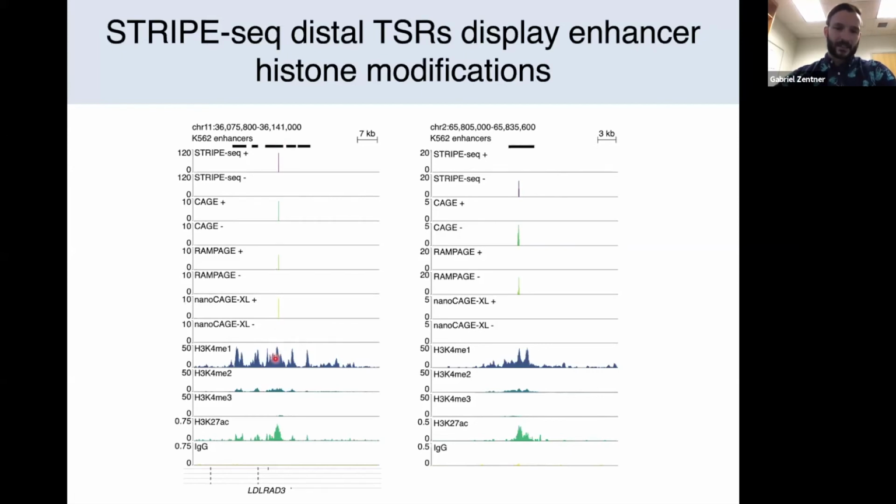So we have signal in all methods, robust enrichment of both these histone modifications within this intronic potential enhancer. And here is one that is intergenic, robust signal in STRIPE-seq, CAGE, and RAMPAGE, robust histone modification signal. So we think STRIPE-seq can detect enhancer RNAs, though we are currently working on integrating nascent RNA isolation into the protocol to enhance its sensitivity.